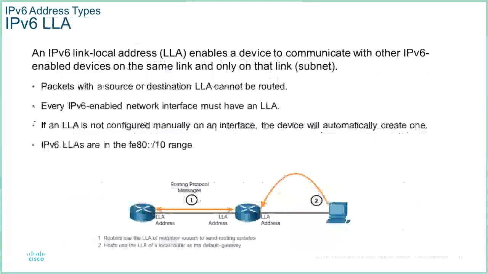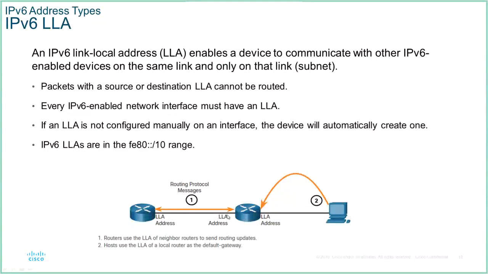Link-local addresses, as I said earlier, are only on that cable, so they will be used by the devices to communicate with each other along a common network. Any packets through a switch or a hub or point-to-point will all have link-local addresses within the same network or subnet, and that's what individual devices will use to talk to each other.